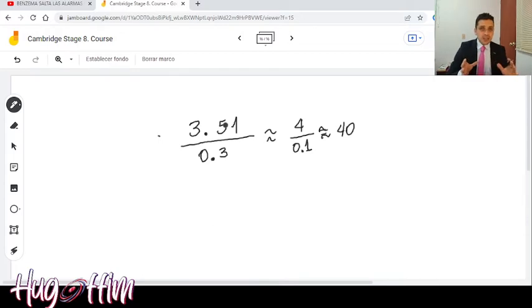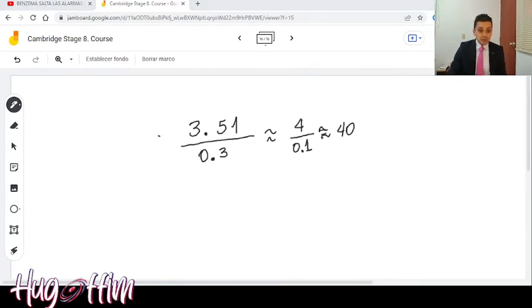This is the first thing that you need to have in your mind. What we're doing is trying to get a number closer to 40 or in the order of magnitude of 40. So now we're going to perform the division. How to perform the division, or how I suggest you to perform the division.